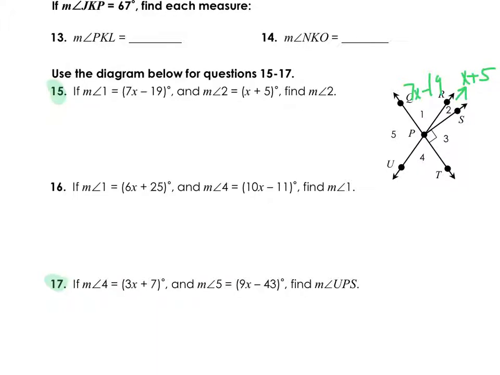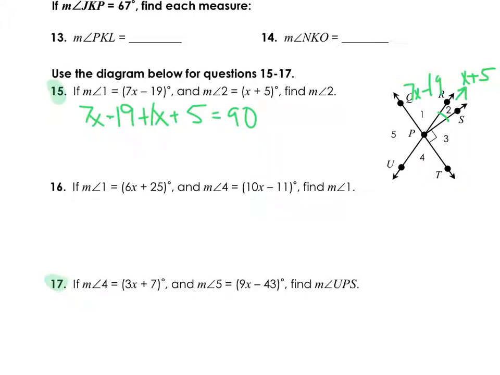They want us to figure out how many degrees angle 2 is. So pay attention here to the fact that this corner is 90, which means this corner here, 1 and 2 added together equal 90. So set up your equation of 7x minus 19 plus x plus 5, or 1x plus 5, and set it equal to 90. Find the value of x and plug him back in right there.